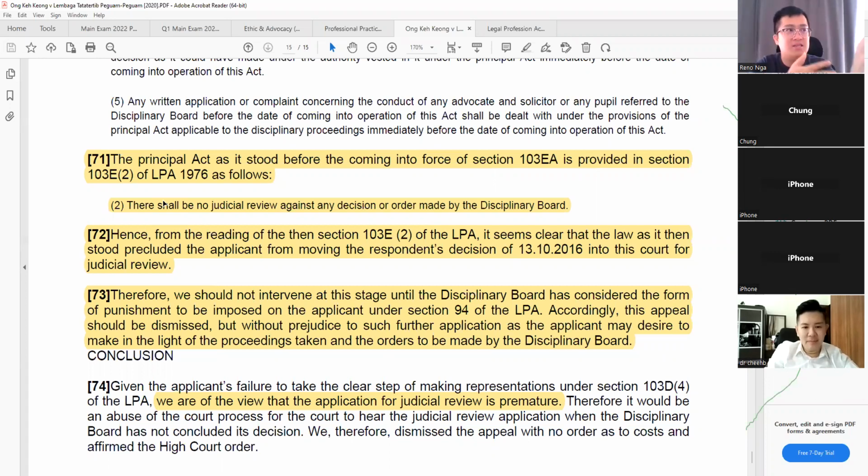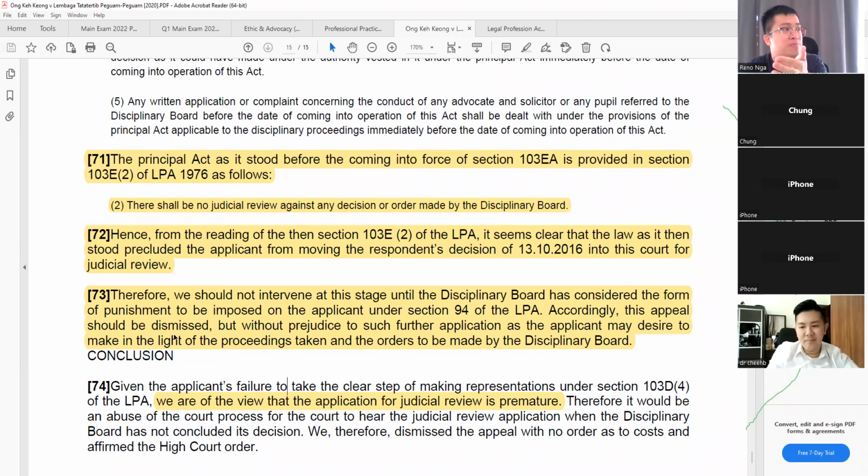However, in this case, they still don't allow you to do judicial review. It's because, let me read. Therefore, we should not interfere at this stage until the DB has considered the form of punishment to be imposed on the applicant, which is Ong Keng Kiong, under Section 94.